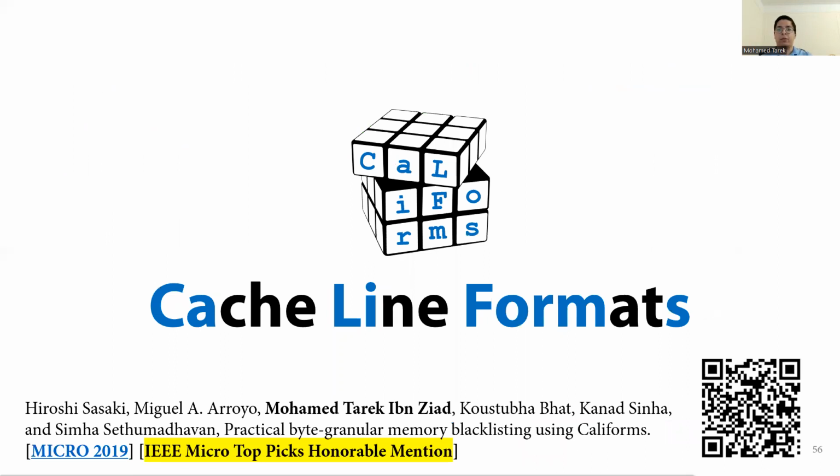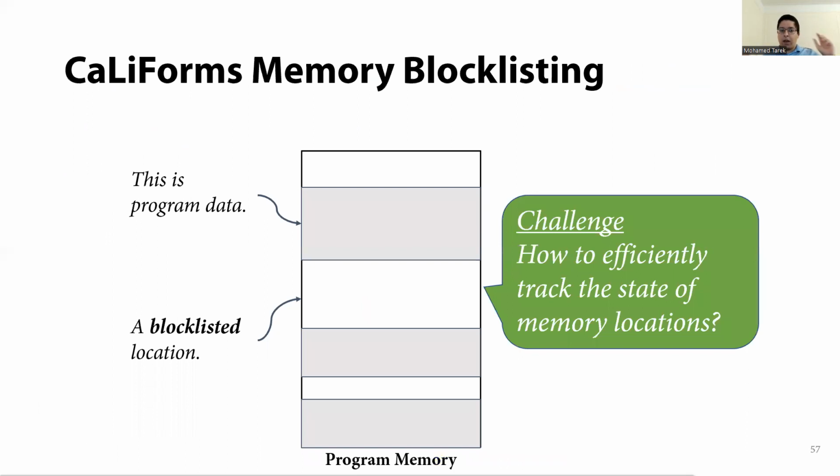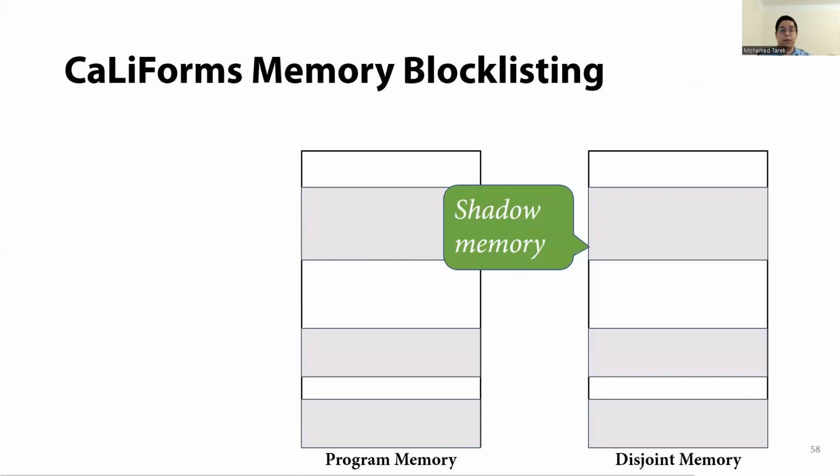Let's start with CaliForms, or cache line formats. As I mentioned earlier, CaliForms is a memory blocklisting technique. So the technical challenge is how to efficiently identify the blocklisted locations in program memory. The straightforward approach is to use a single bit of metadata per every byte in memory, just to identify whether it is a blocklisted byte or not.